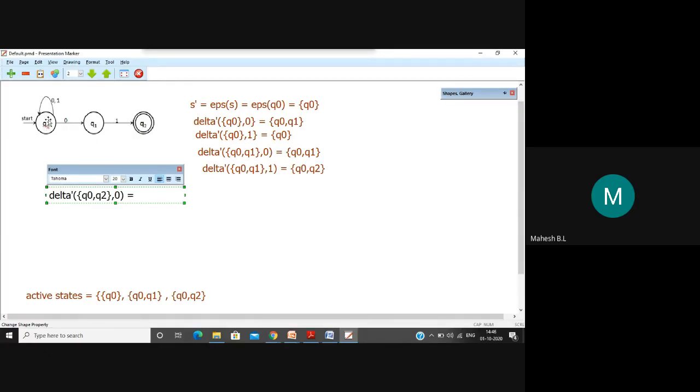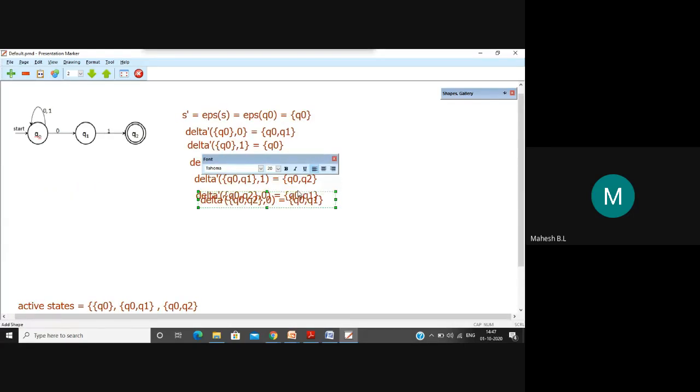So we get two states, Q naught and Q1. Epsilon of Q naught is Q naught, union epsilon of Q1 is Q1. So we get Q naught comma Q1. Both elements are a part of the active states. So this element already appears in active states, so need not be added to the set of active states once again.